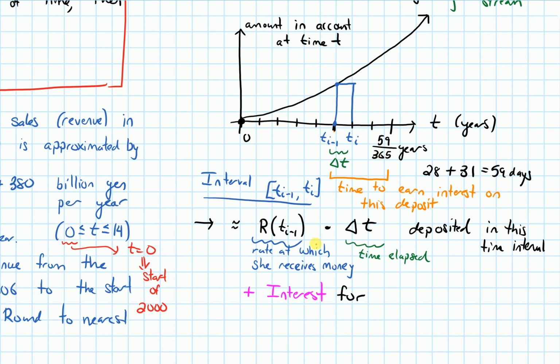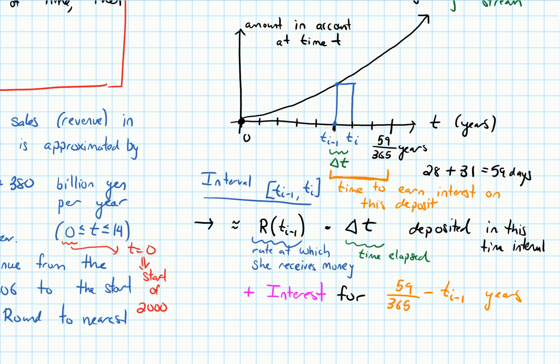Okay, so if I measure how long this is, I've got to do the bigger value minus the smaller one. So that would give me 59 over 365 minus t sub i minus 1. So the money that's deposited in this time interval is earning interest for this many years.